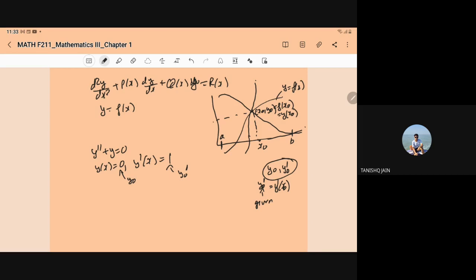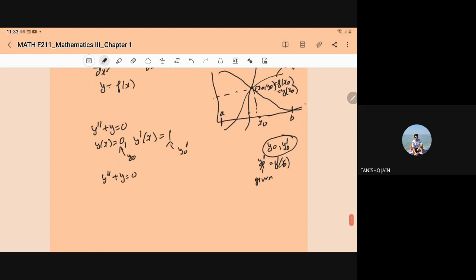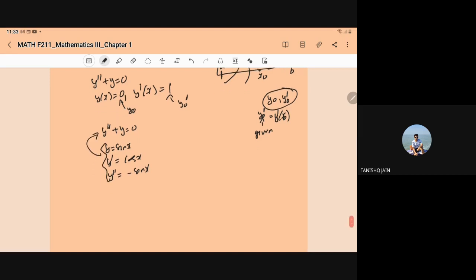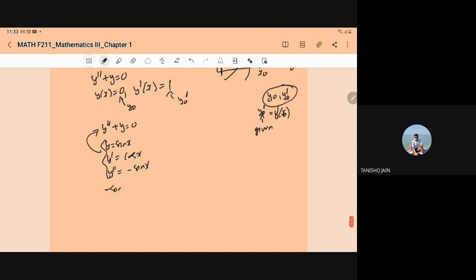You know that y double dash plus y is equal to 0. So y is equal to sin x is a solution, because when we compute y dash it gives cos x, and y double dash gives minus sin x. Substituting in the equation gives minus sin x plus sin x equal to 0.